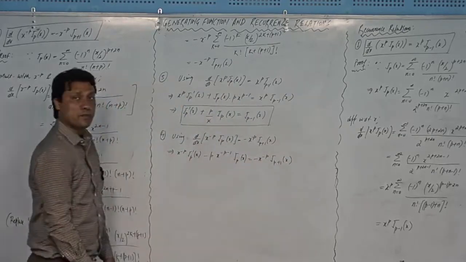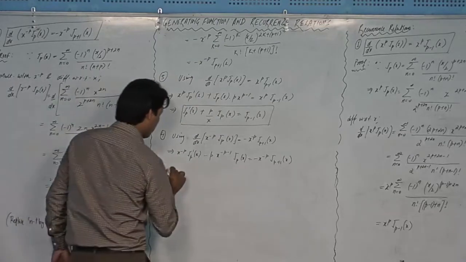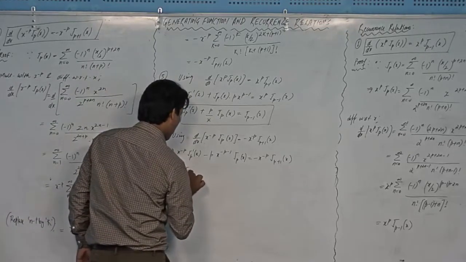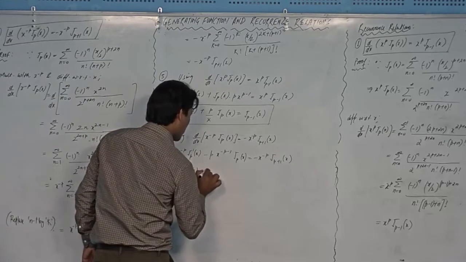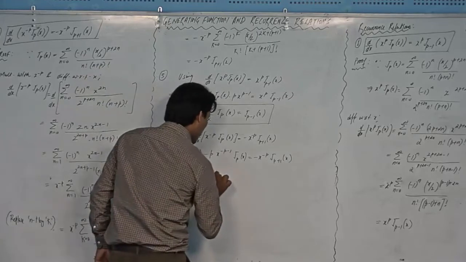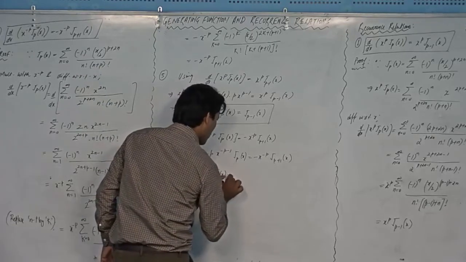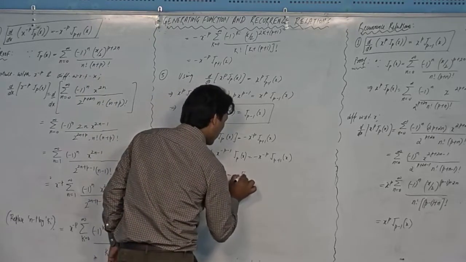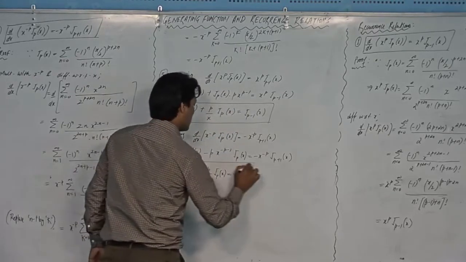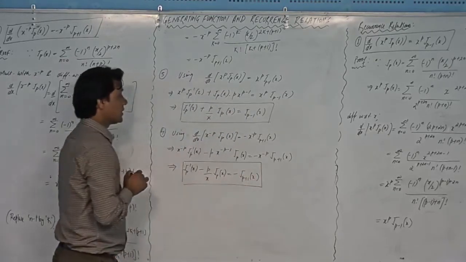Then dividing by x to the power minus p, you will get J_p'(x) minus p upon x J_p(x) equals minus J_{p+1}(x). This is the fourth recurrence relation, right?